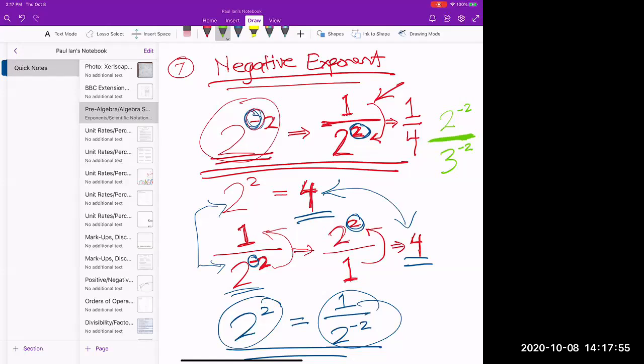So, okay, I guess I'll explain that better. You can't really subtract these from each other because the base right here is not the same. So this is 2, right? This is 2, right? And then this is 3, right? If they were the same, like 2 to the negative 2 and then 2 to the negative 2 like that, well, this is 1.